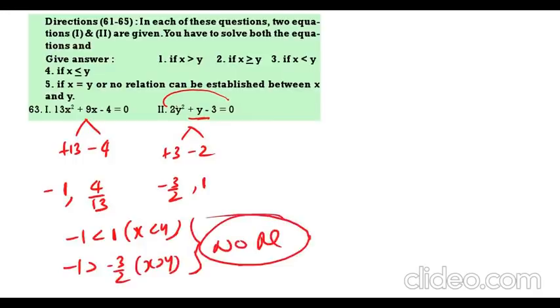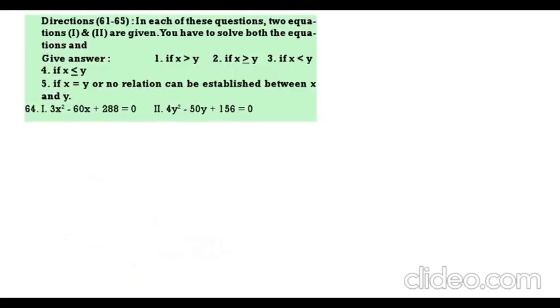64. 3x square minus 60x plus 288. So here, for these bigger numbers, you take 288 into 3. This can be written as 36 into 8 into 3.